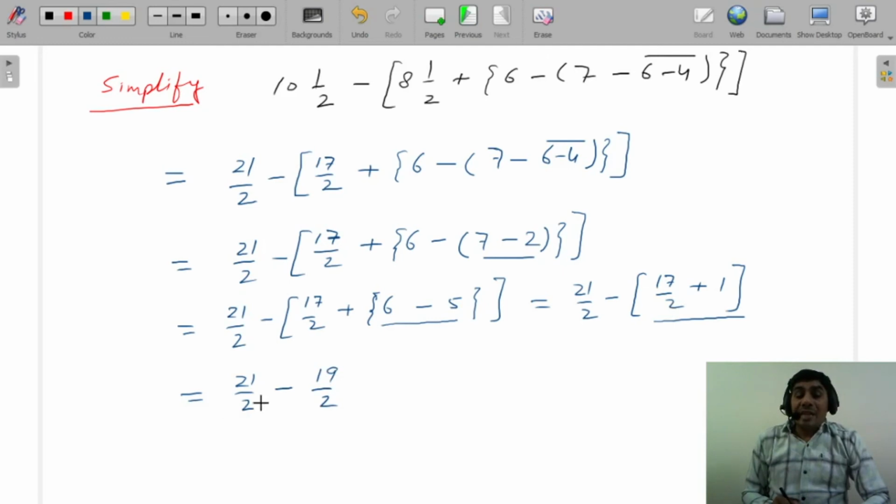Now at last we have to subtract these two numbers. 21 minus 19 divided by 2 is equal to 2 by 2 is equal to 1.